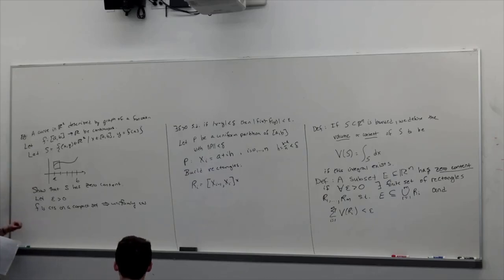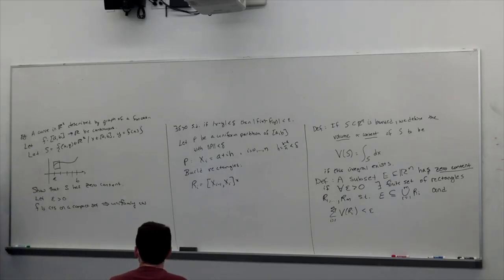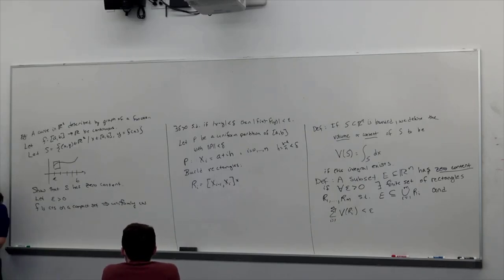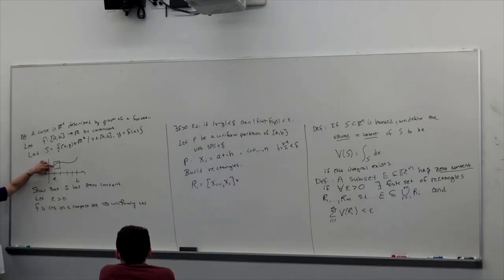Okay, so I guess what height should my rectangle have? f of x_{i-1}. That's a good place to start. And then, well, my function could go up from here or it could go down from here. I don't know which, right? So if my function goes down from here, there's only so far it can go down. It goes down by at most epsilon. And it also goes up by at most epsilon.